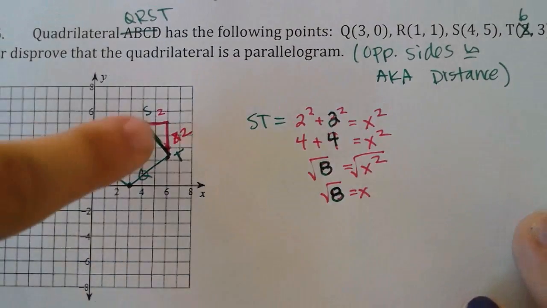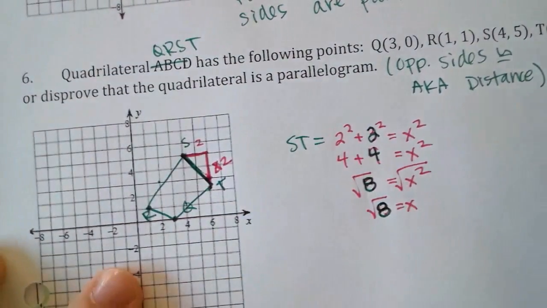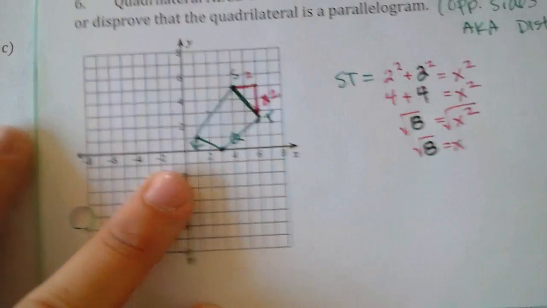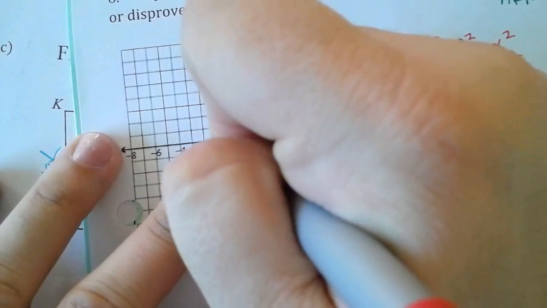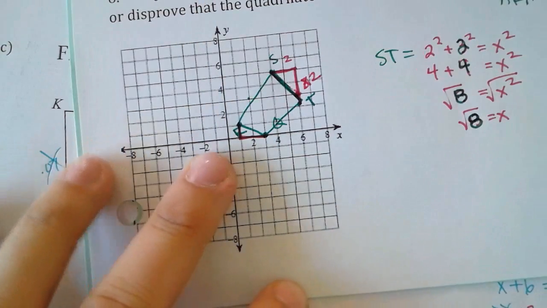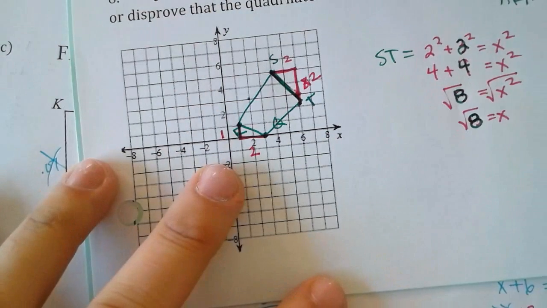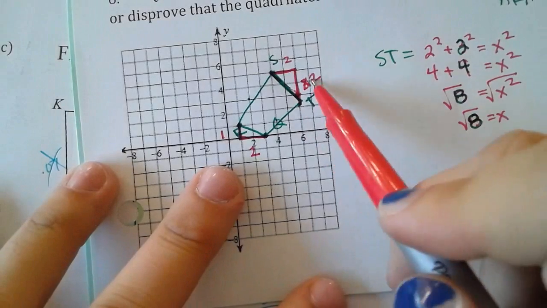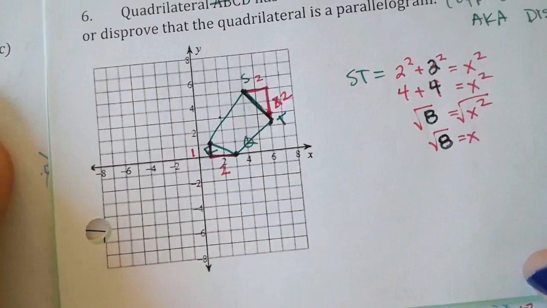Now the opposite side from ST is RQ. So that's this little piece right here, and there's a lot of writing right here. So just do the best you can. We're going to make that into a triangle to help us find the distance. Already I can see that this is going to be a 1 and this is going to be a 2, which I know that it's going to be different, right? If I had a 2 and a 2 here, a 1 and a 2 here, they're going to be different. But mathematically I need to show that.